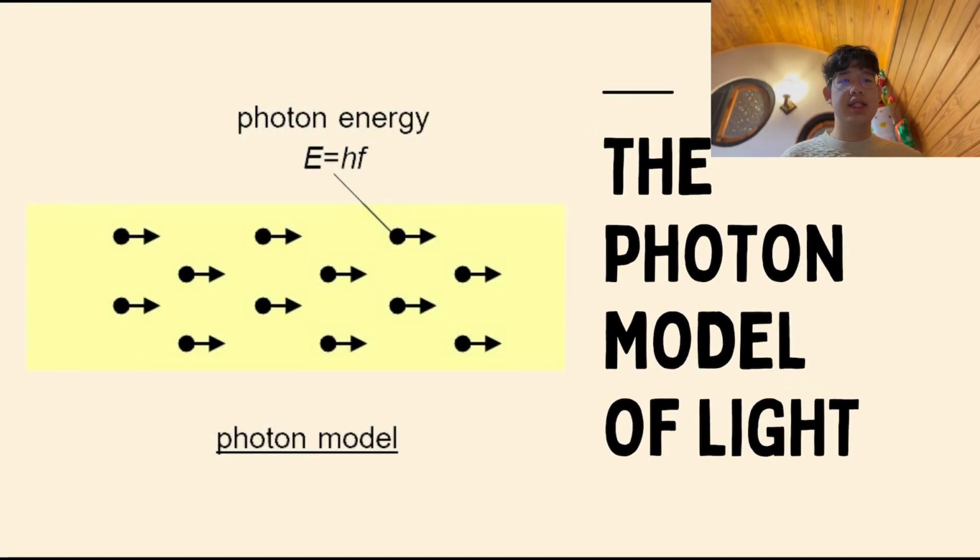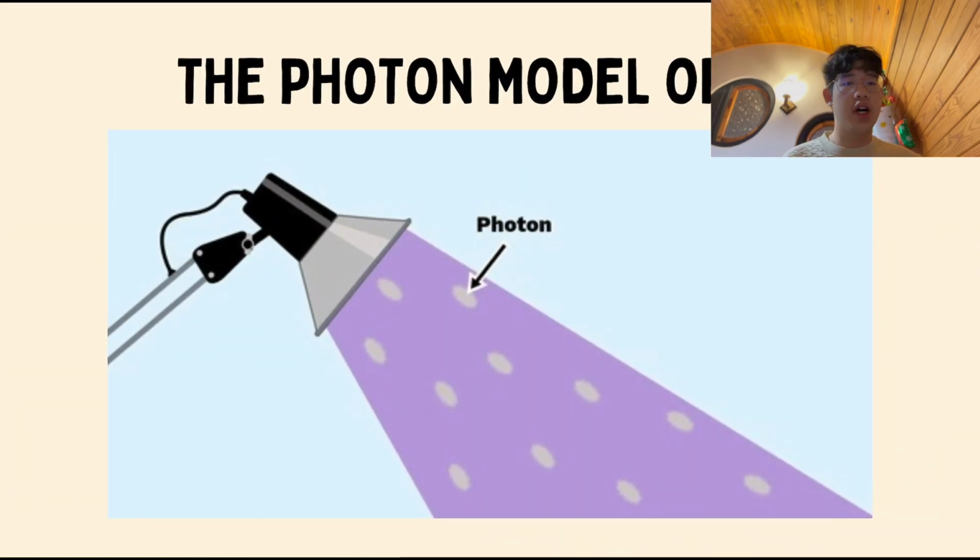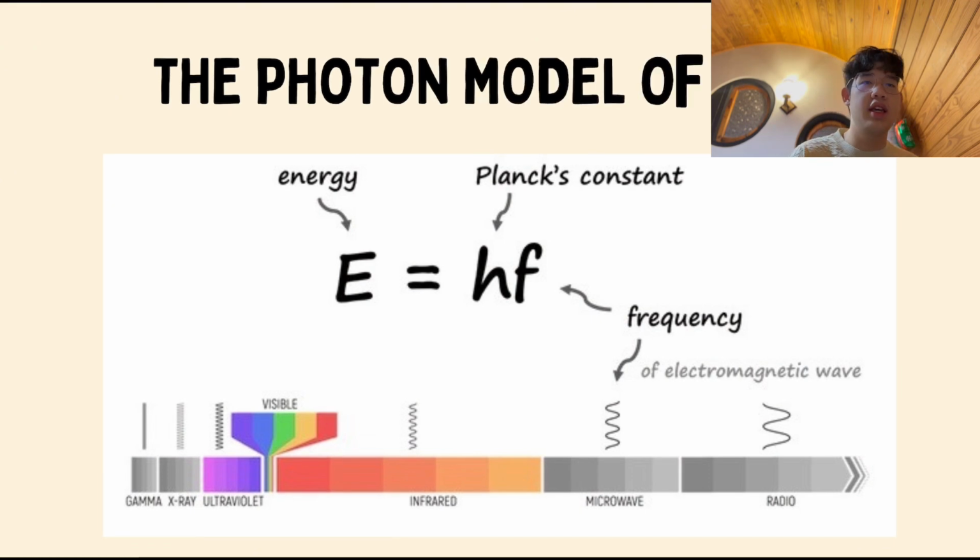So next is the photon model and quantization. These experimental results can't be explained by classical physics, but they make sense in the photon model of light, in which light is made up of particles called photons. Each photon has an energy given by E equals hf, where h is Planck's constant and f is the frequency of light.